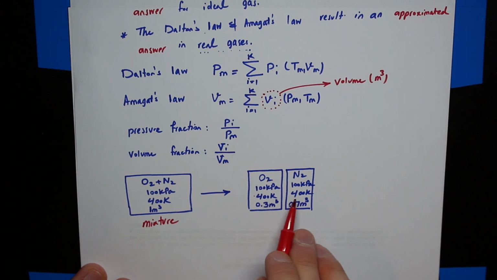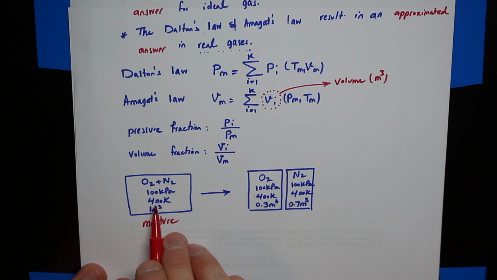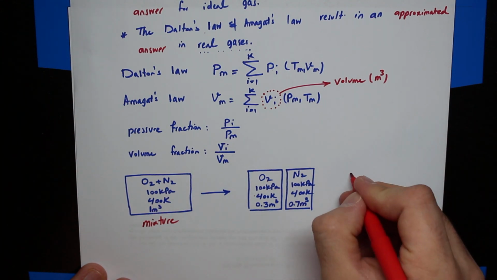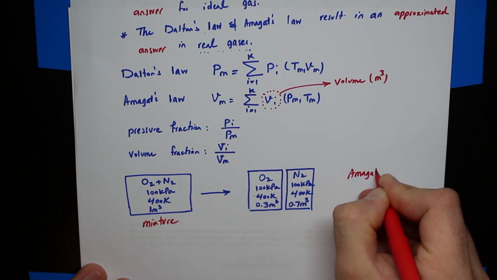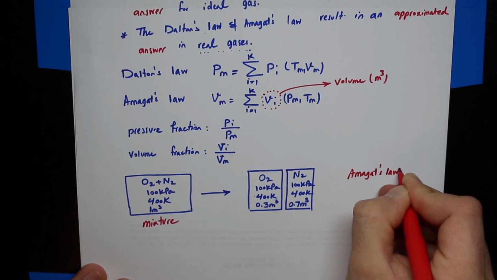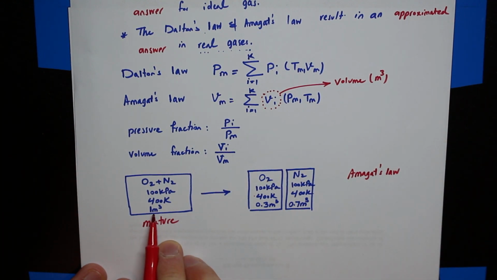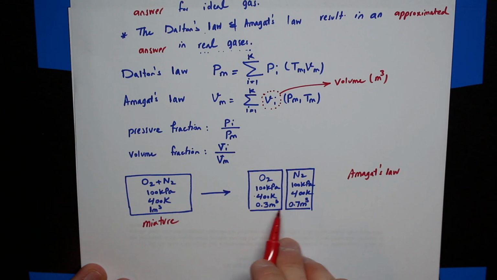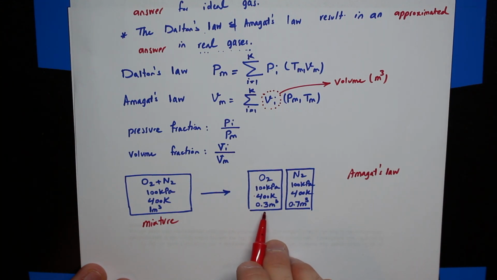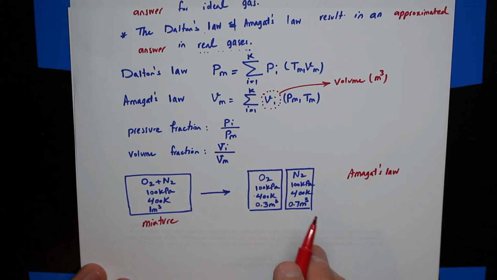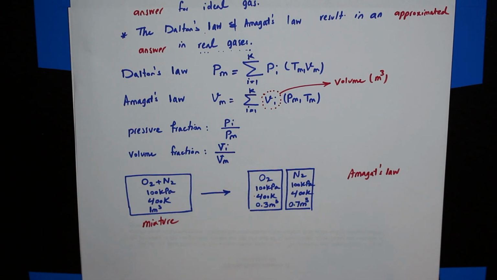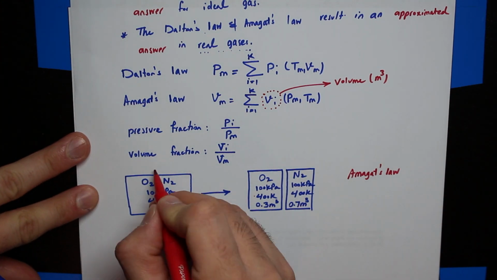Also, the temperature of the components is the same as the temperature of the mixture, 400 Kelvin. Now, Amagat's law says the volume of the mixture, which is 1 meter cube, is the sum of these two volumes, 0.3 meter cube and 0.7 meter cube. So this schematic is according to Amagat's law.